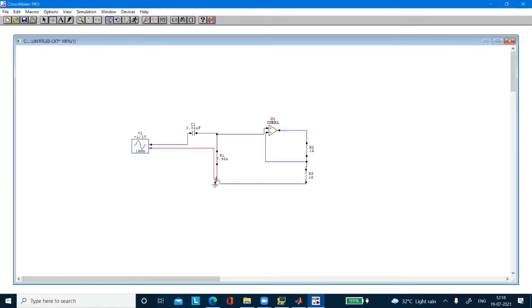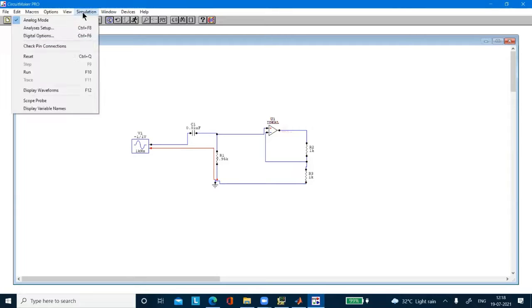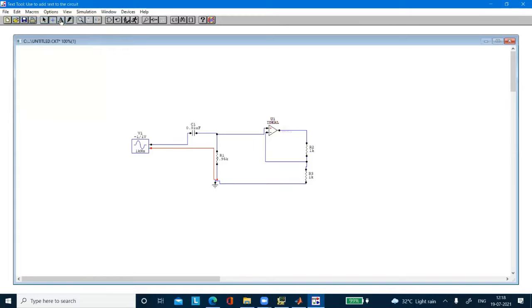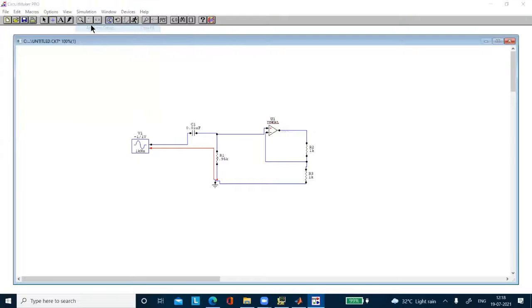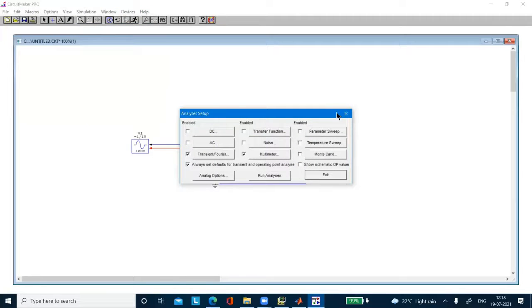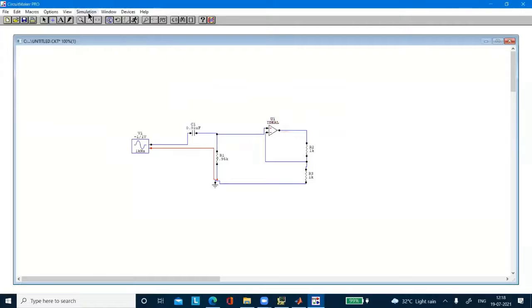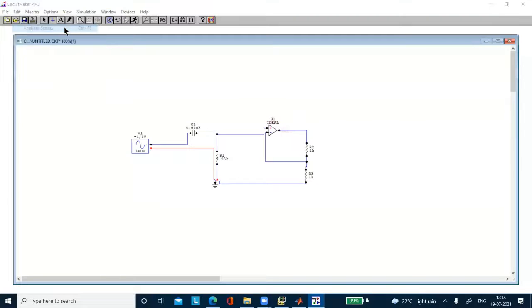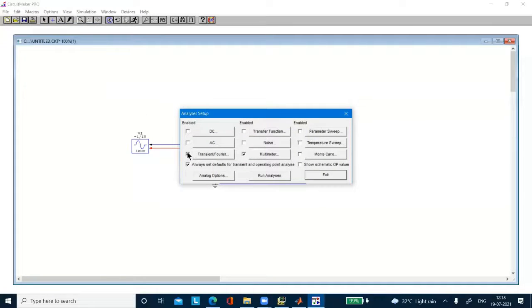All right. Now go to the simulation analysis setup. Disable transient response, disable multimeter, check AC.